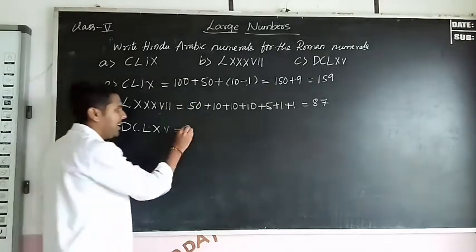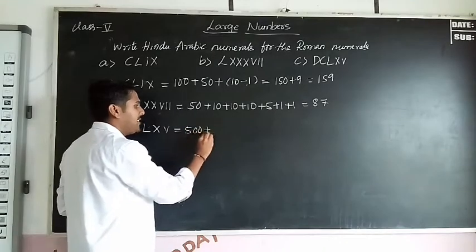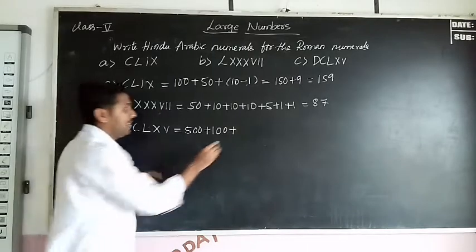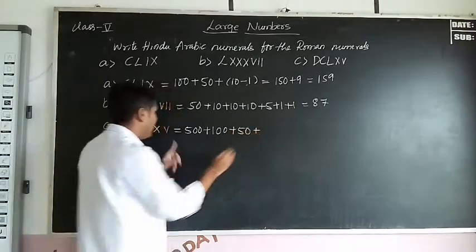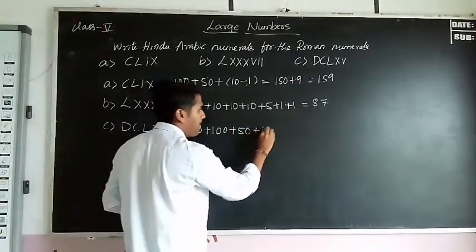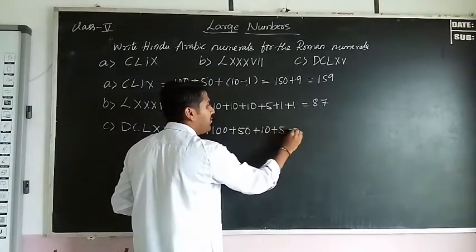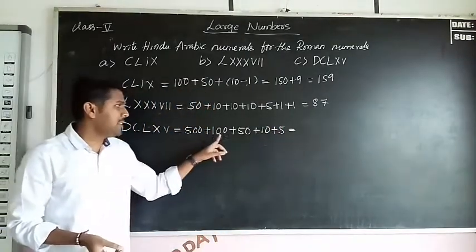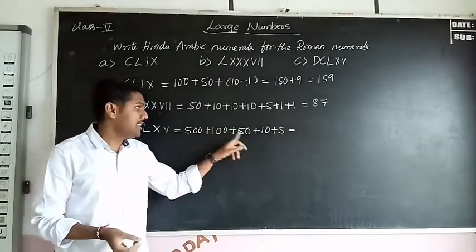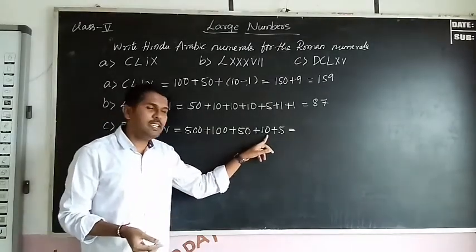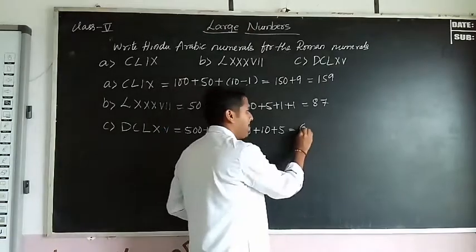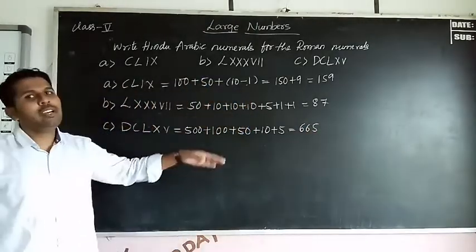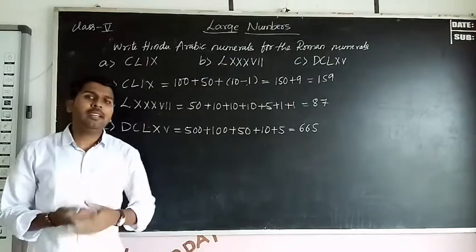So D means 500 plus C value is 100, L means 50, X value 10 and V value is 5. So now add these numbers. 500 plus 100, 600, 650, 660, 665. Okay, this is the way of converting the Roman numbers to Hindu Arabic numbers.